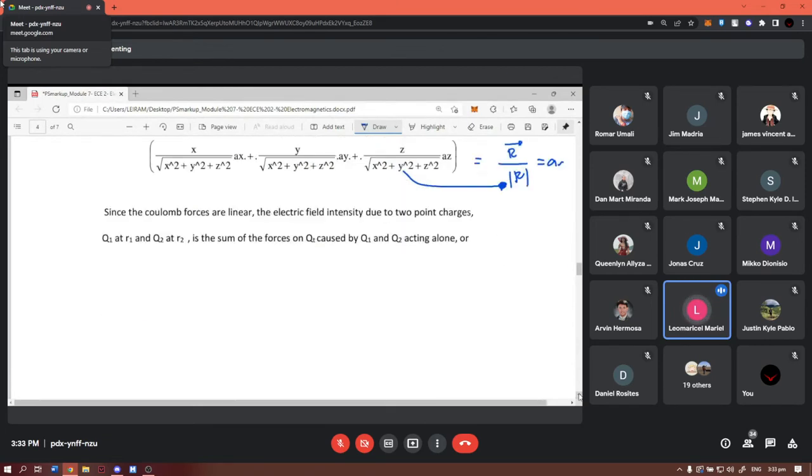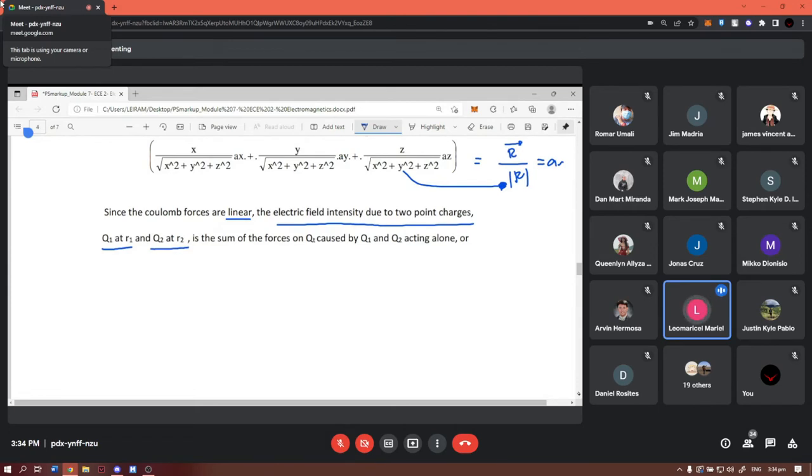Okay. So since the Coulomb's forces are linear, ibig sabihin nun, nakadepende yan sa charge and the distance, the electric field intensity is due to the two charges then. Let's say yung two charges natin ay Q1 located at R1 and Q2 that is located at R2.